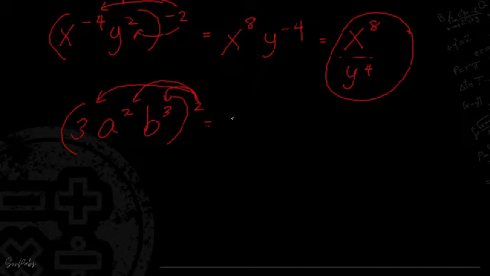So we have 3 squared. Then a, so that will be 6. That will be 4. So we have 2 times 2, that will be a to the 4th power. And then b to the 6th power. Okay, so simplify, that will be 9.